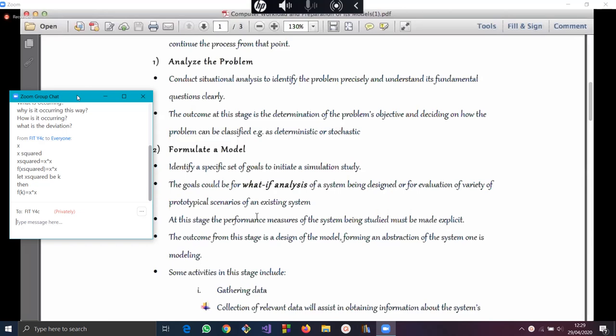A situation, and conduct the problem. It's modeling.